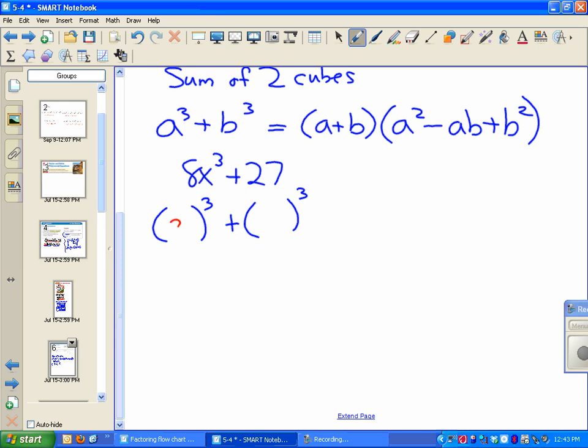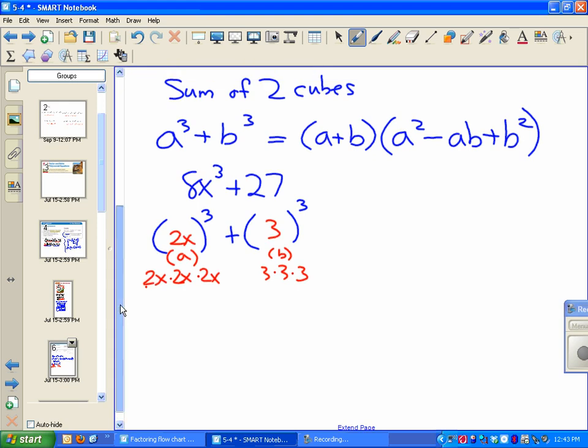So 2x is being cubed for 8x cubed because 2x times 2x times 2x, 2 times 2 times 2 is 8, and x times x times x is x cubed. So this is our A. And then 27, 3 times 3 times 3 is 27. So 3 is our B.